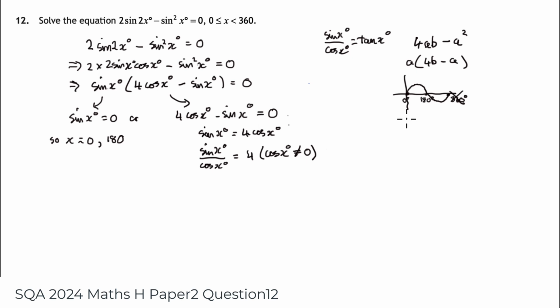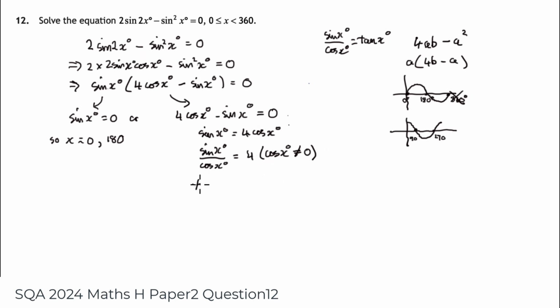Now, for the possibilities of cos x being 0, let's remember the cosine graph being 0 happens at 90 and 270. Now, you can use your calculator to check whether 90 degrees in there is a solution and whether x equals 270 put in there is a solution. You'll find in both cases that they're not solutions. So we definitely know that cos x is not equal to 0 and that we're not missing out solutions in that case.